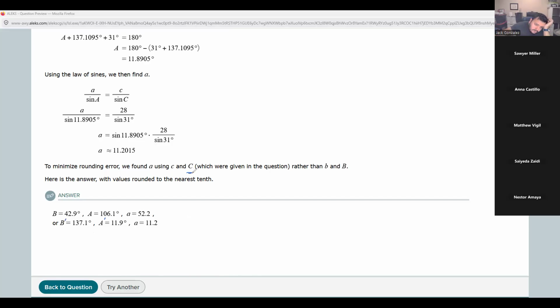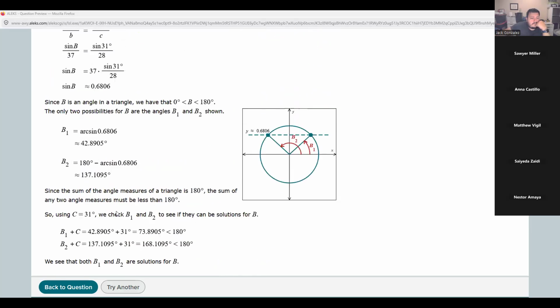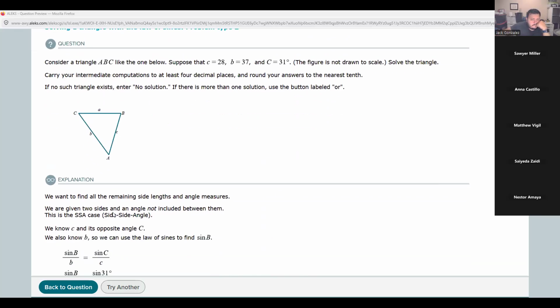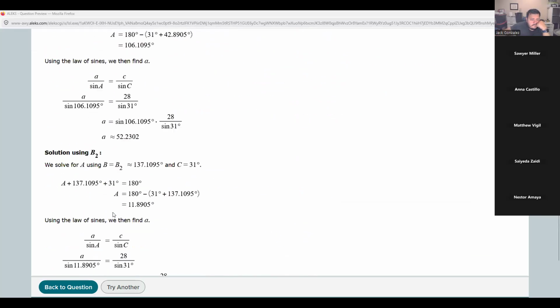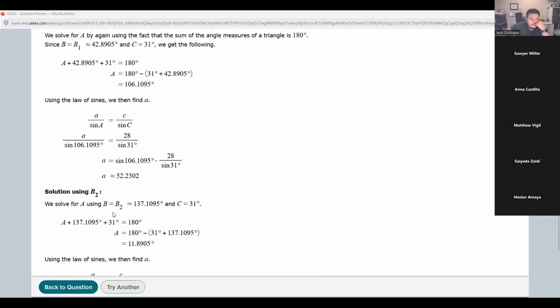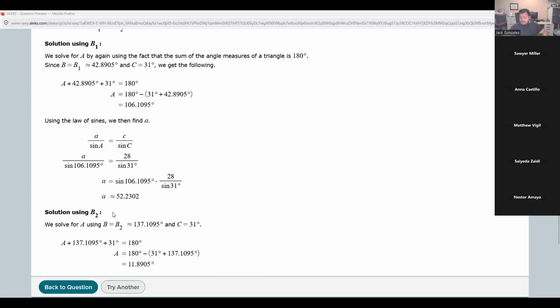The C stays the same, and so does the other C. Have a nice picture. So let's go through it together and show you how the steps are supposed to go. But that's the big picture and why there's two B's.